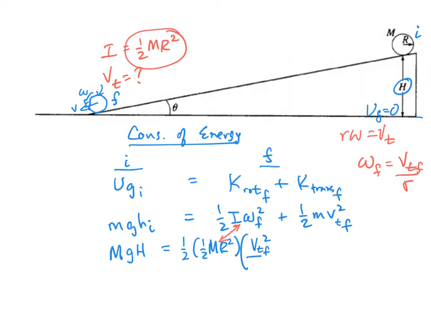VTF squared over r squared. Okay, here's why the relationship over here works. Remember in the previous slide about rolling without slipping, if I consider this my velocity 0 point, the point that's in pure translation is this center of mass.